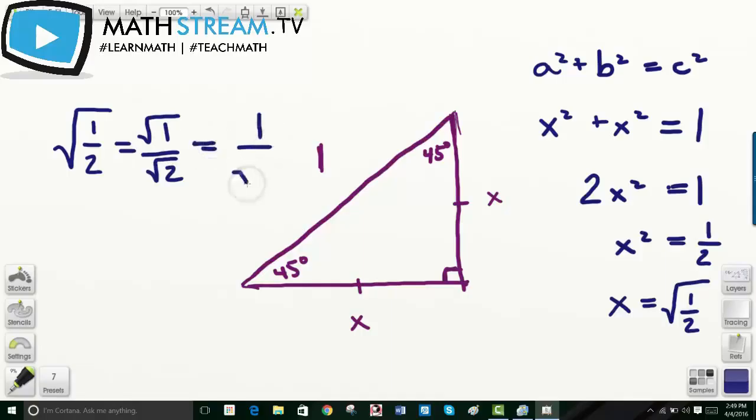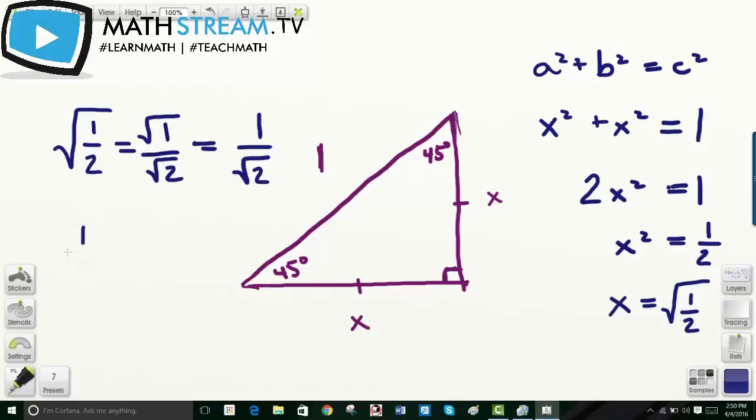But it's considered impolite in mathematics to leave a square root in the denominator. There's no real mathematical reason why this is wrong, except that it's considered bad math manners. So the way that we get a root out of the denominator is we multiply the top and bottom by that number.